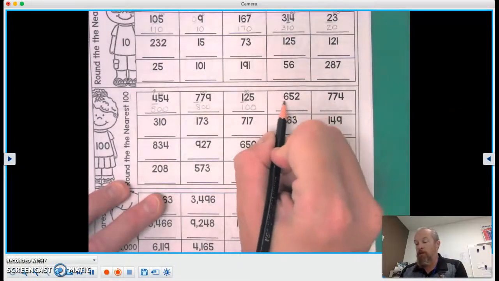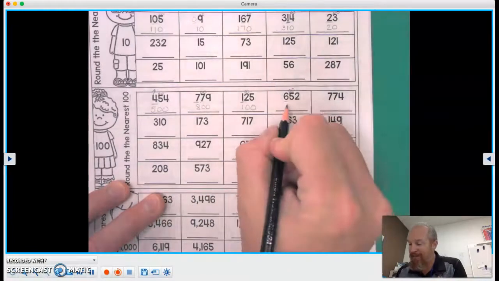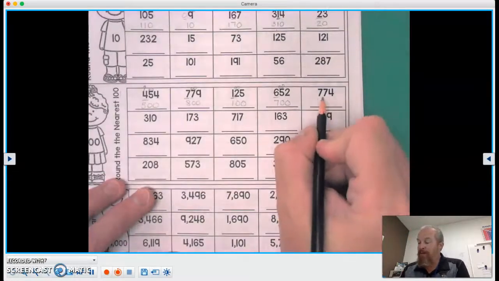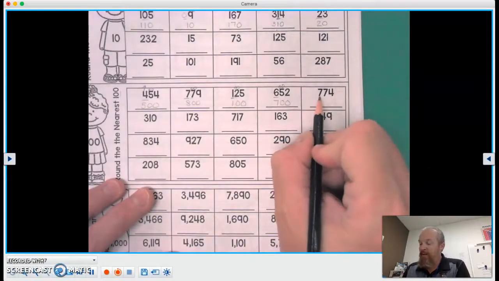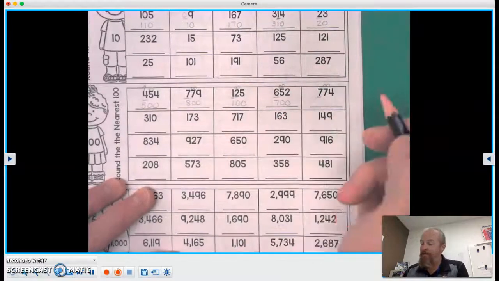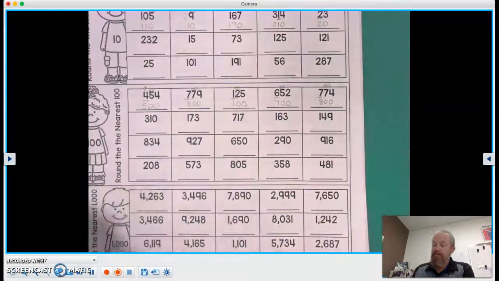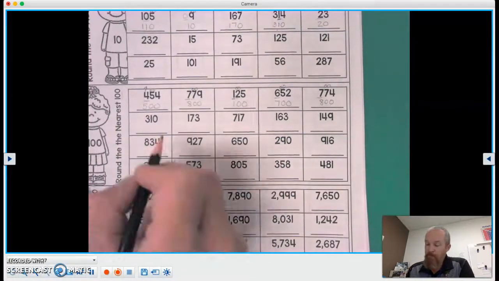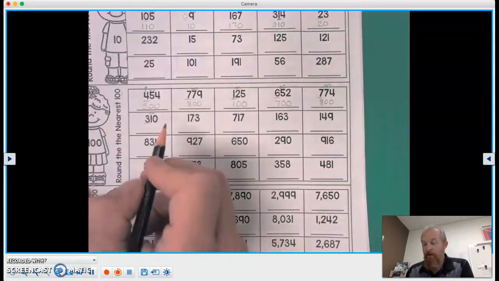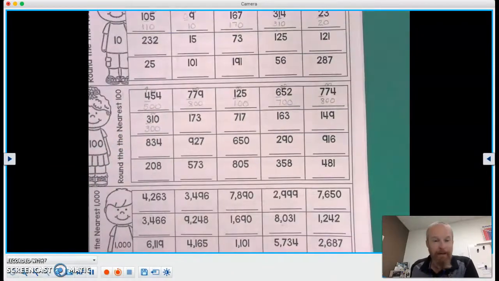652. Locate, look next door. 5 or more, raise the score. 774. Locate, look next door. 5 or more, raise the score. Let's do one more. Locate, look next door. 4 or less, let it rest.